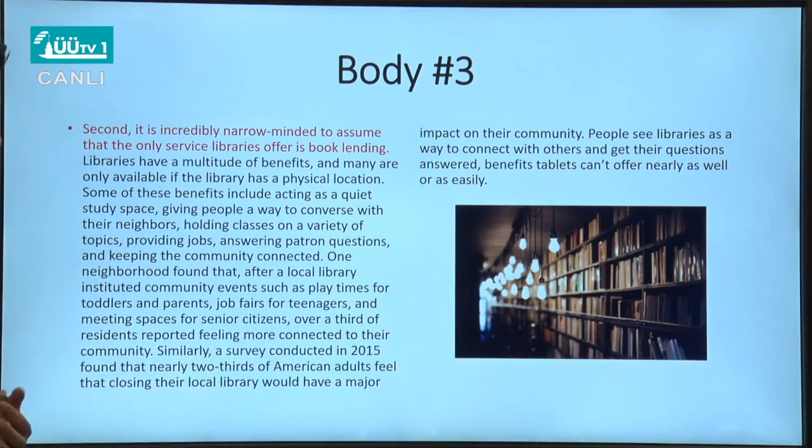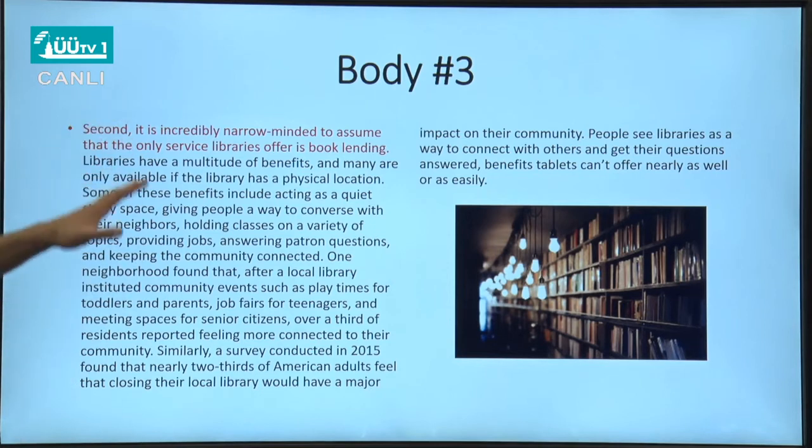Similarly, a survey conducted in 2015 found that nearly 2/3 of American adults feel that closing their local library would have a major impact on their community. People see libraries as a way to connect with others and get their questions answered. Benefits tablets cannot offer nearly as well or as easily.